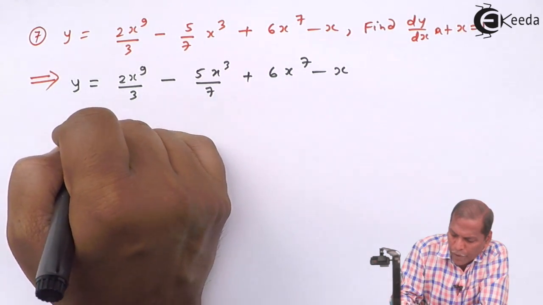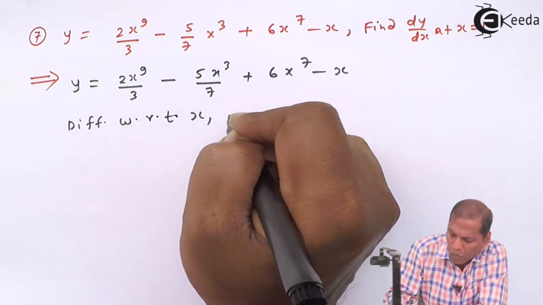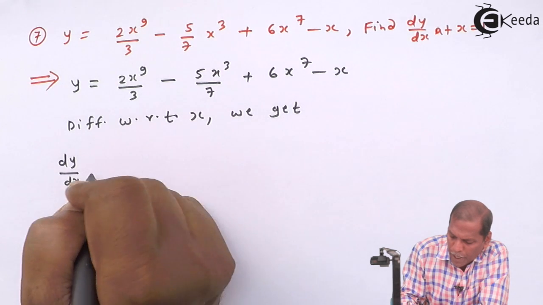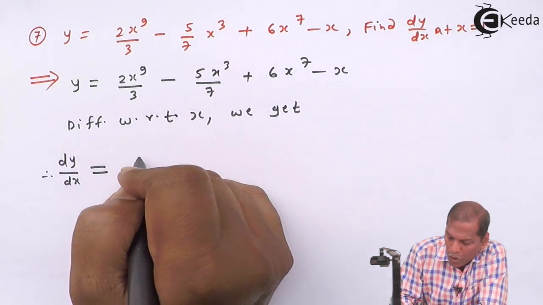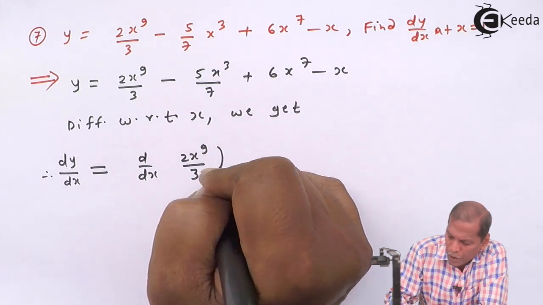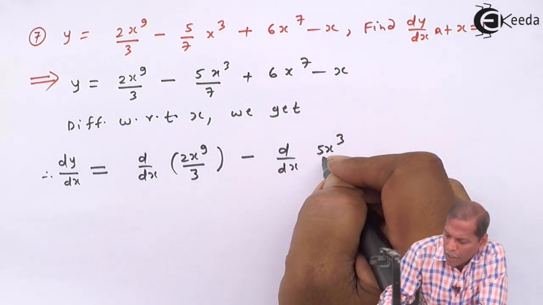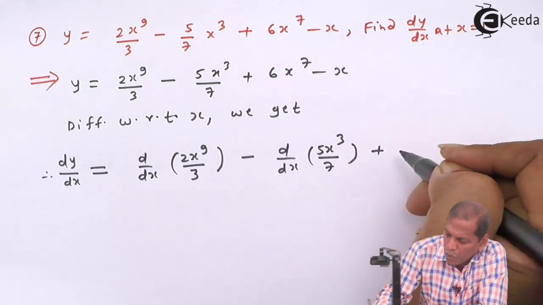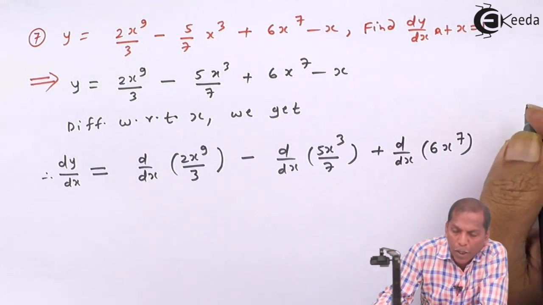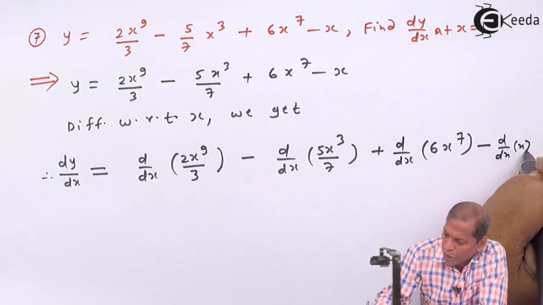Now differentiate this equation with respect to x, we get derivative of y, dy/dx, is equal to d/dx of 2x^9/3 minus d/dx of 5x^3/7 plus d/dx of 6x^7 and minus d/dx of x.